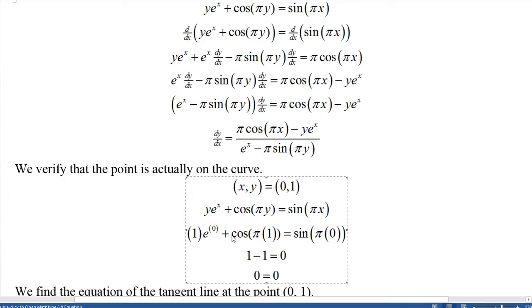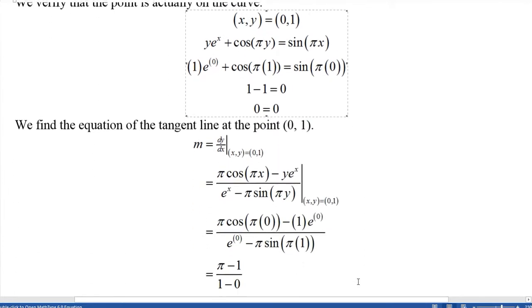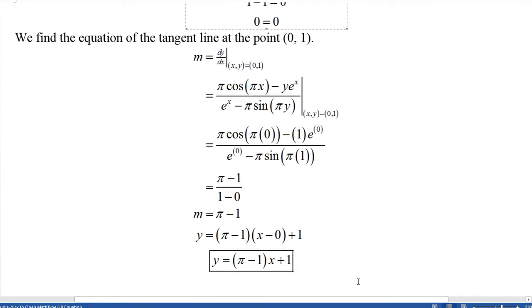So once you get to pi, that's negative 1 there. So it's 1 minus 1, which is 0. Pi times 0 is 0, sine of 0 is 0, so the right side is also 0. It does check.